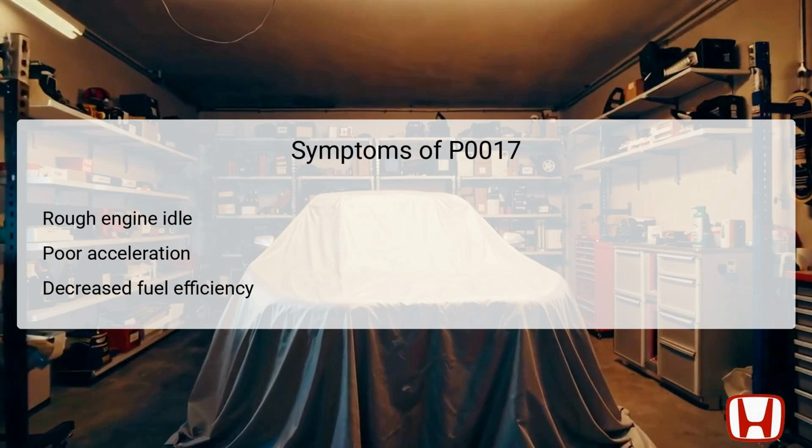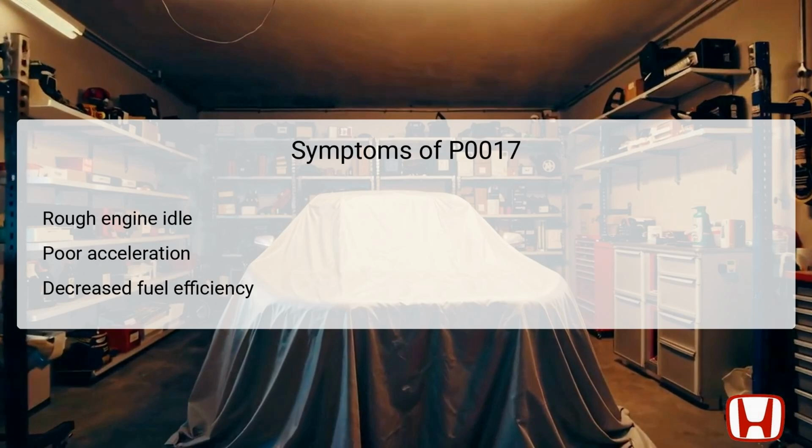When Diagnostic Trouble Code P0017 is triggered, several symptoms can manifest, affecting the vehicle's performance. One common symptom is a rough engine idle, which can make the engine feel unstable due to incorrect timing and misfiring. Furthermore, drivers may experience poor acceleration, as the engine timing can become increasingly inefficient, impacting the overall power delivery.